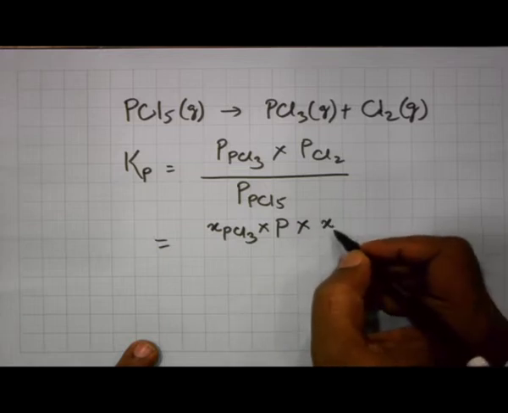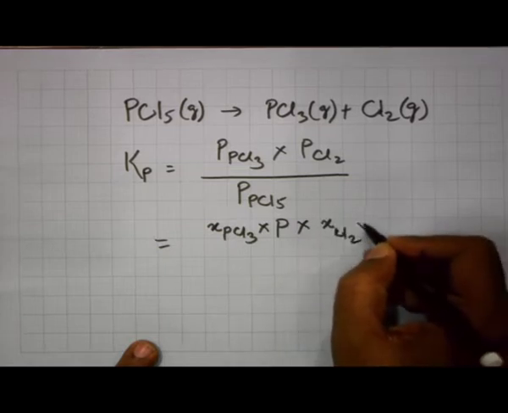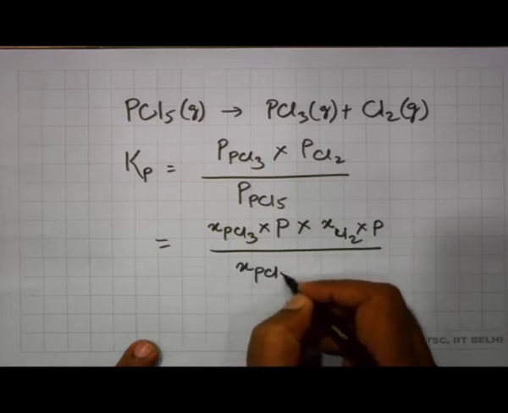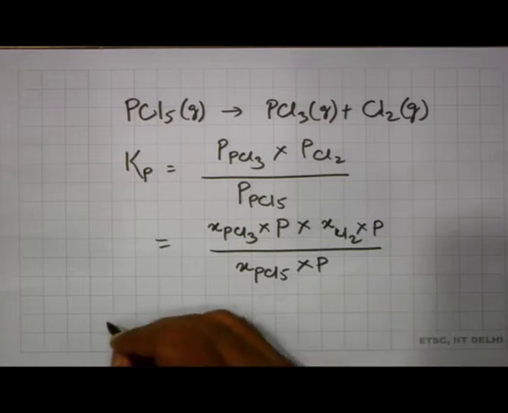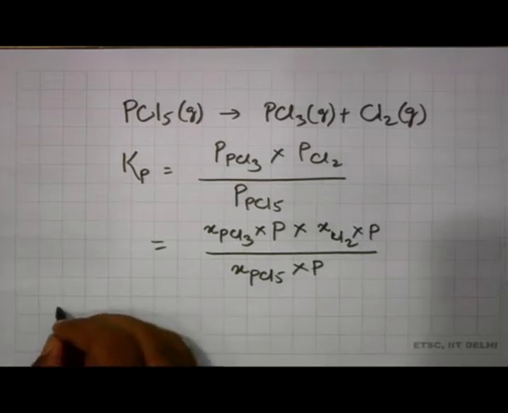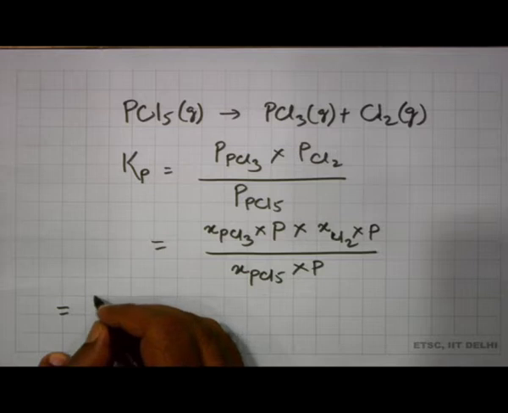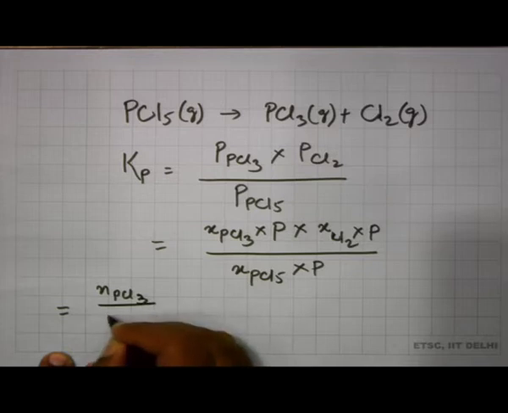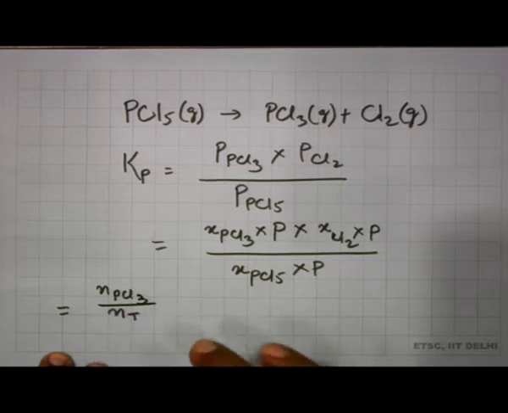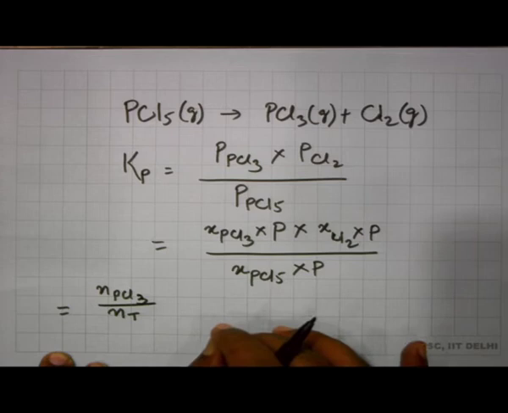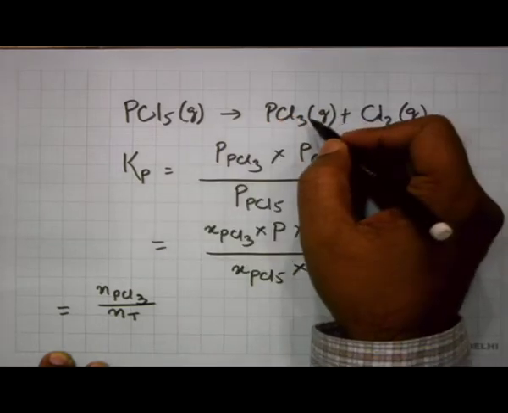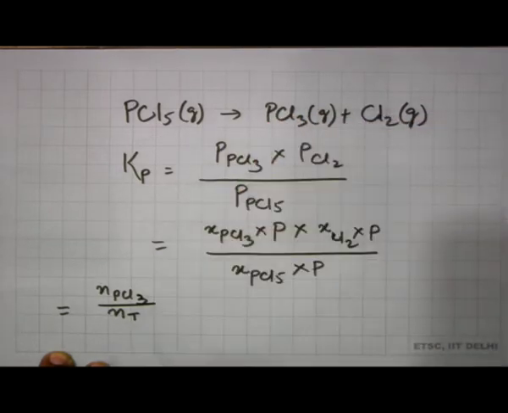The mole fraction is N of PCl3 divided by Nt, where Nt is the total number of gaseous molecules. This includes not only reactant and product, but also inert gas.